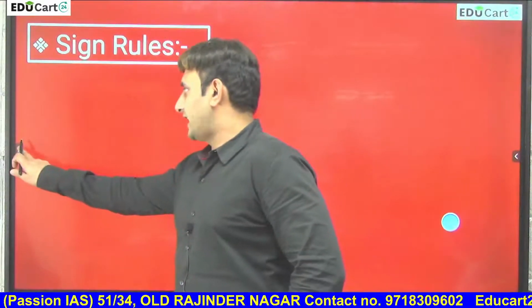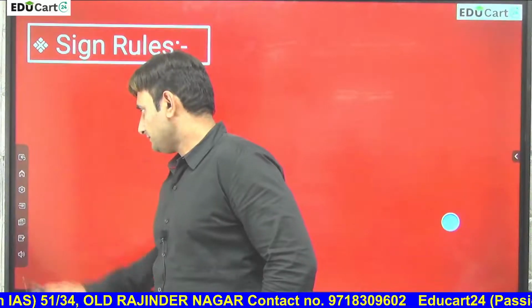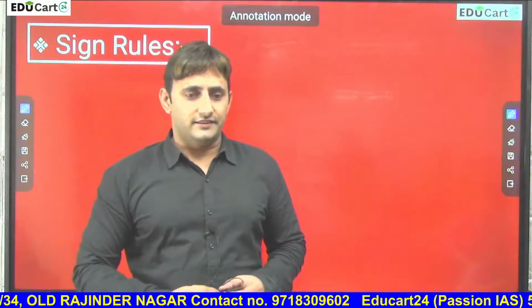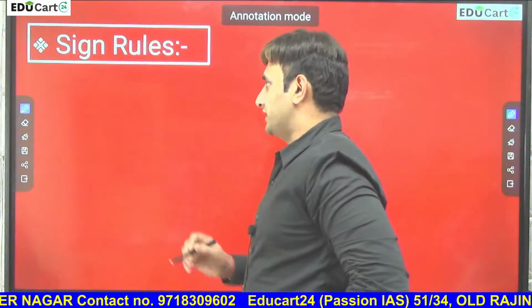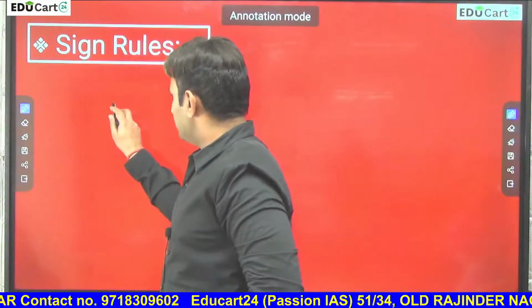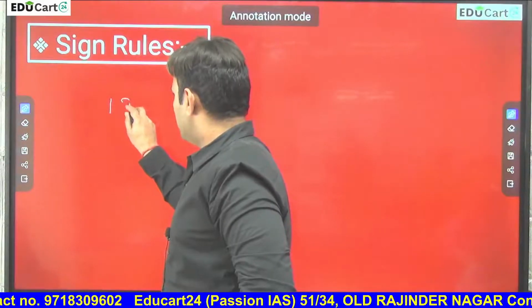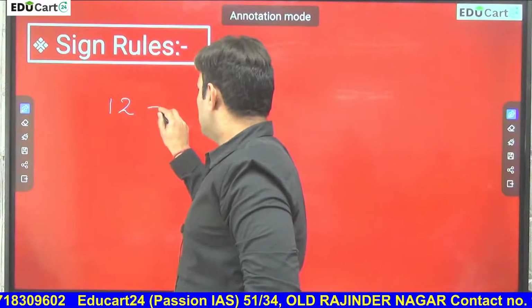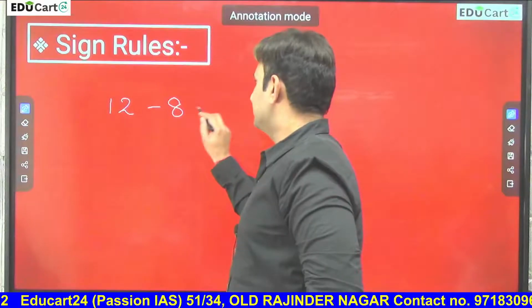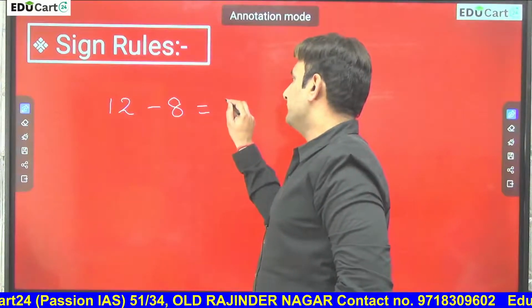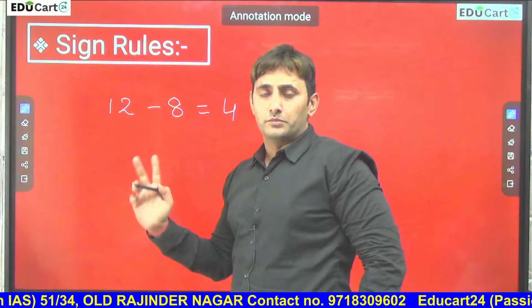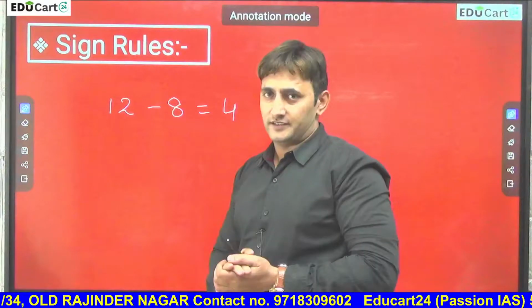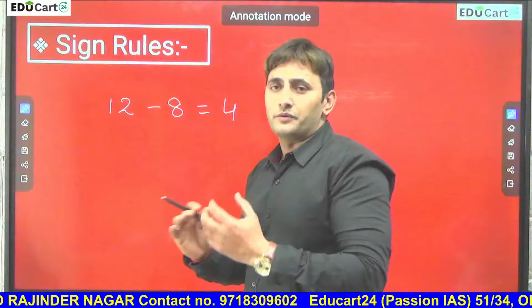First is sign rule. Sign rule says that if we are adding or subtracting two things, my dear, 12 minus 8, answer will be 4. Now, when we are adding two numbers with the opposite sign, then basically we have to take their difference.